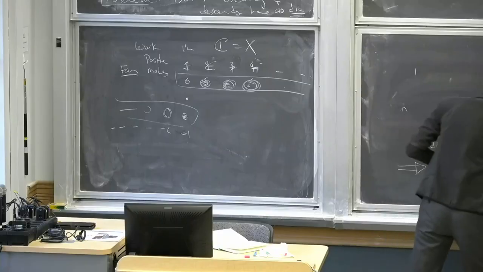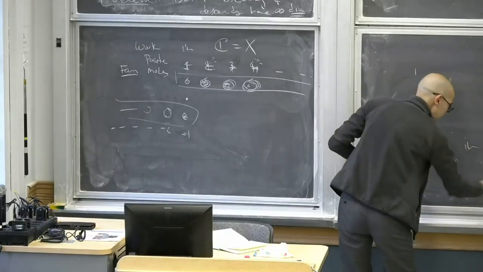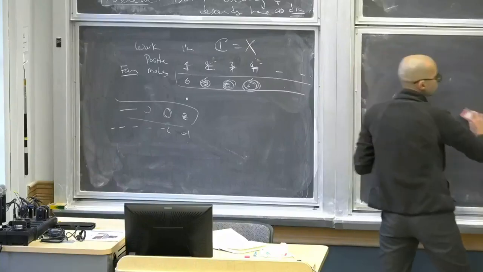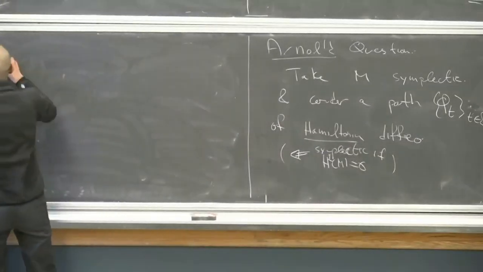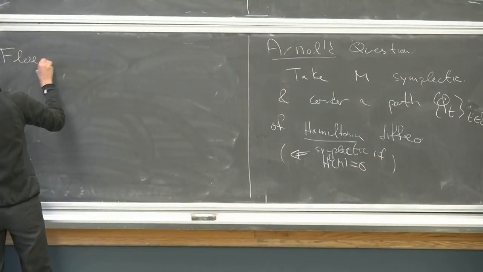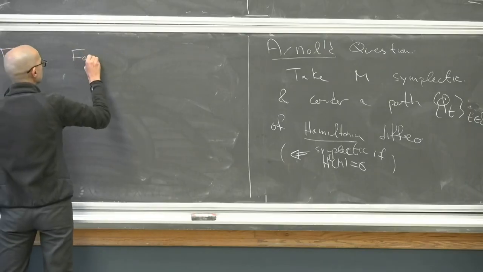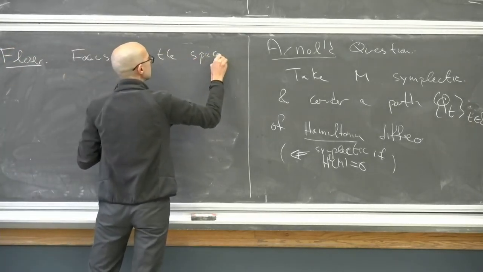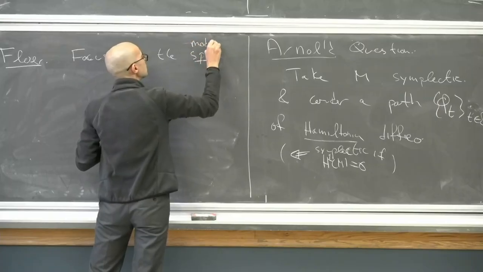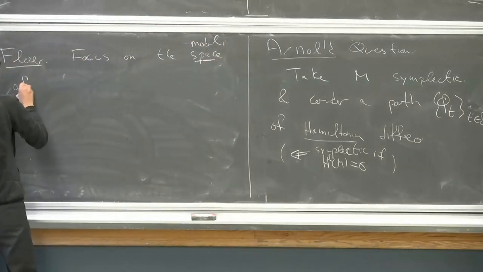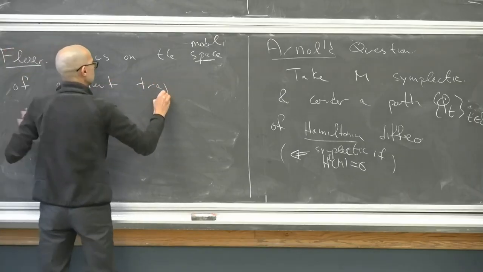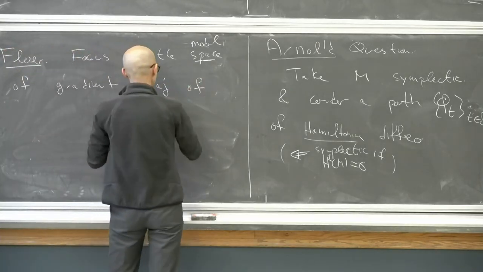Okay, so Floer's insight was that we should not really try to think about this as an intersection problem. We should just focus attention on the space, and now we say moduli space, of gradient trajectories of this function.